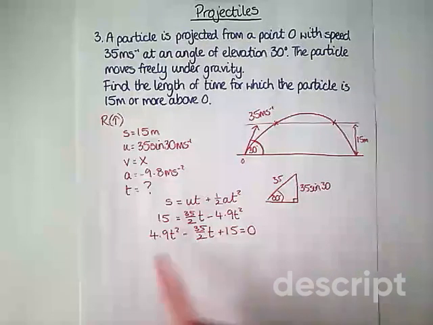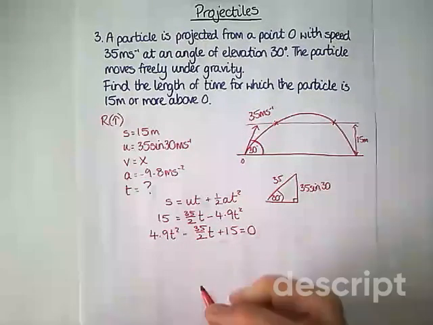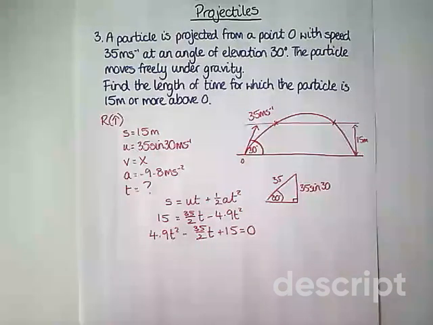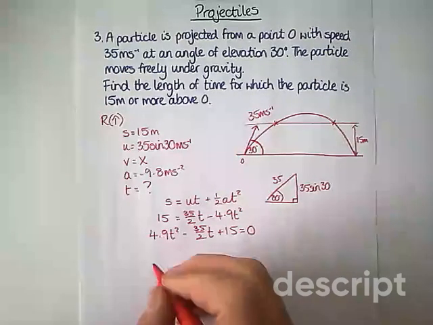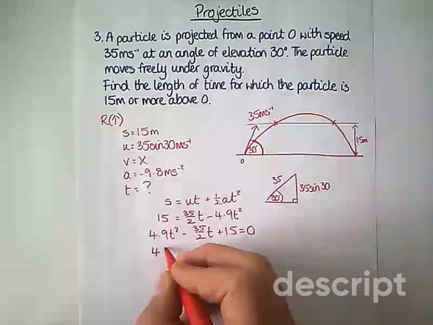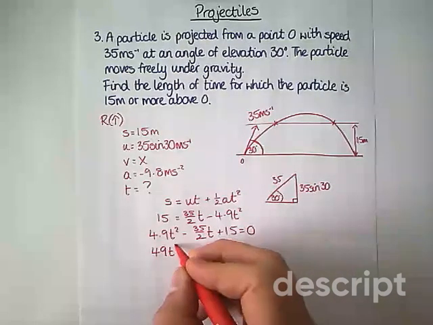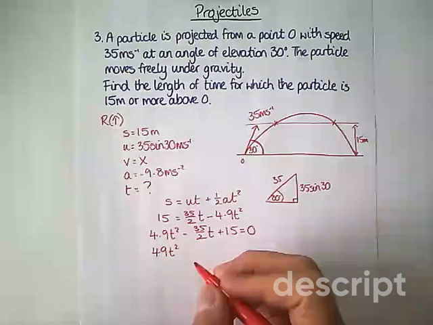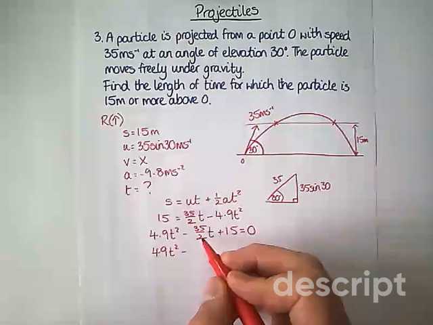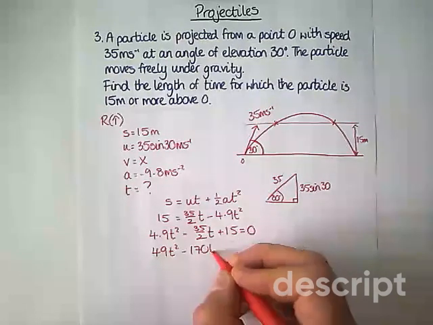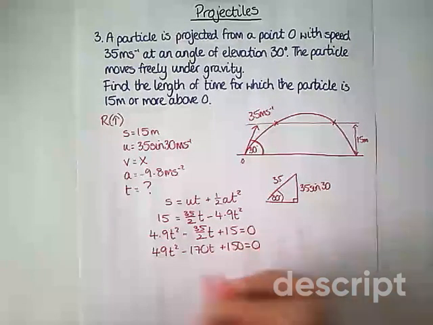So we can put that in our calculators. We can use the quadratic formula. We could make it all whole numbers first. So that's times by 10. So we get 49 t squared minus 175 t plus 150, and that actually factorizes.